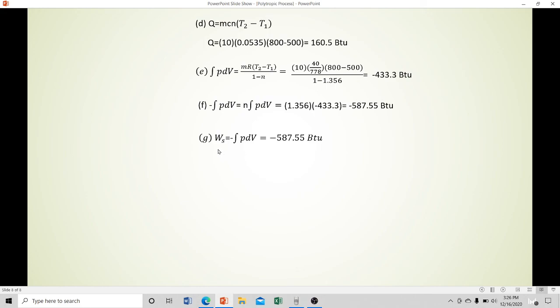So the work steady flow is equivalent to negative integration of PdV, which is also 587.55 BTU. So for the change of kinetic energy, in the given condition where your work steady flow becomes 0, your change of kinetic energy becomes negative 587.55 BTU. For the H, the work non-flow is negative 433.3 BTU.